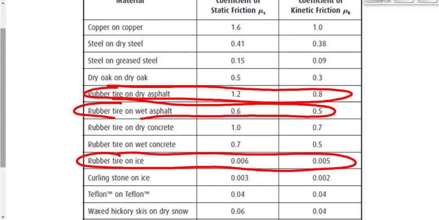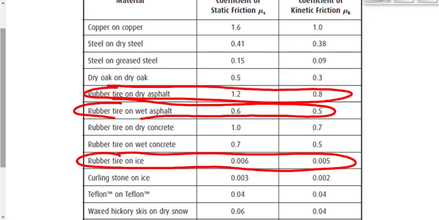Winter tires are made with a different rubber formulation. Below 7 degrees Celsius, it gets a little softer and sticks to the road better. So it's not the tread in winter tires that's the good thing that provides the traction. It's the rubber compound. The rubber compound in winter tires has a fairly significantly higher coefficient of friction between rubber and ice than does the regular rubber that we use in all-season tires.